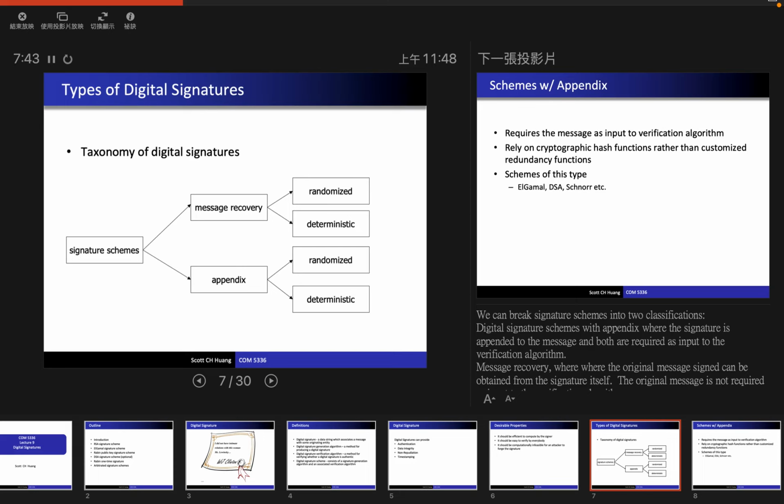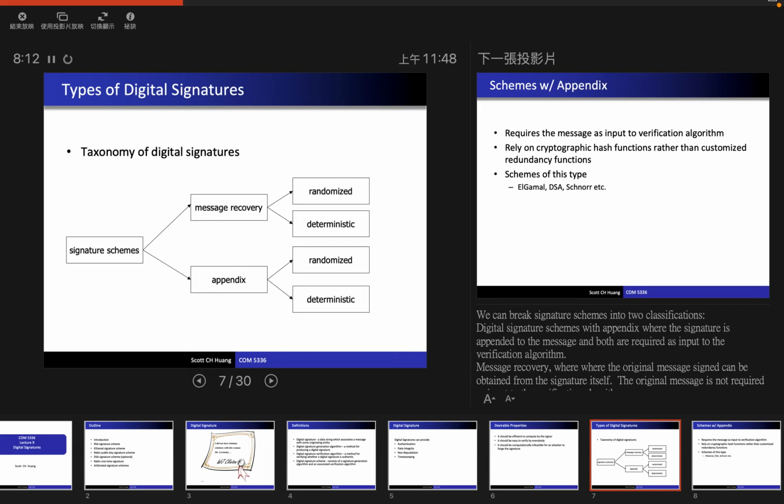The message recovery actually contains both the plain text and the signature, all together. But this message cannot be open to everybody, only the person who has the private key can.